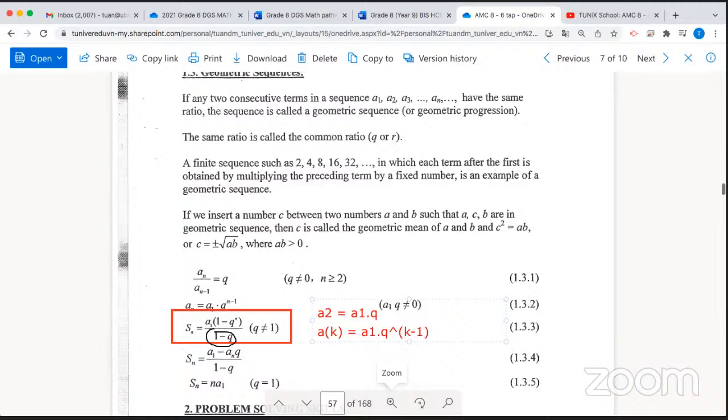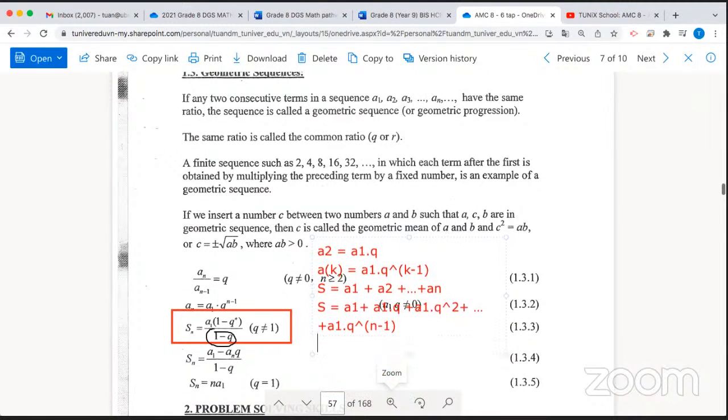So now S equals A1 plus A2 plus and so on until AN. A1 is A1, A2 is replaced by A1 times Q, plus A1 times Q squared, and so on, until the last one, AN, which is A1 times Q to the power of N minus 1. Got it?